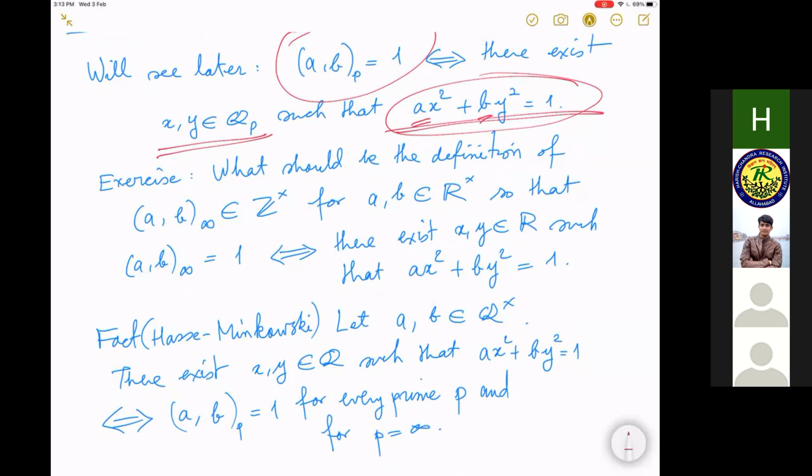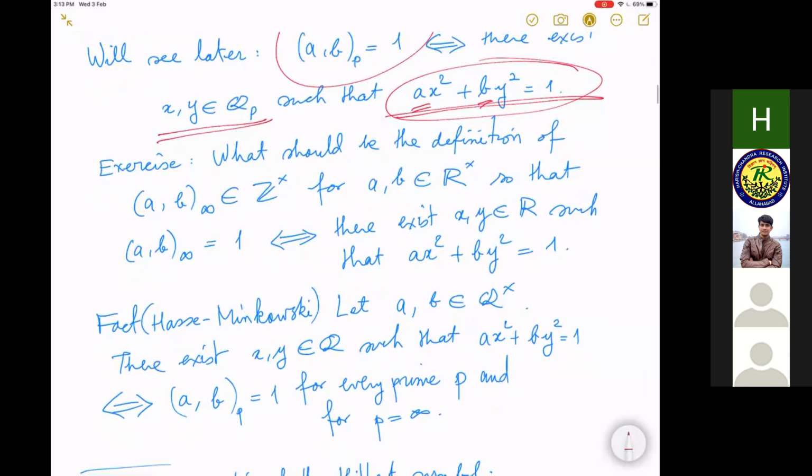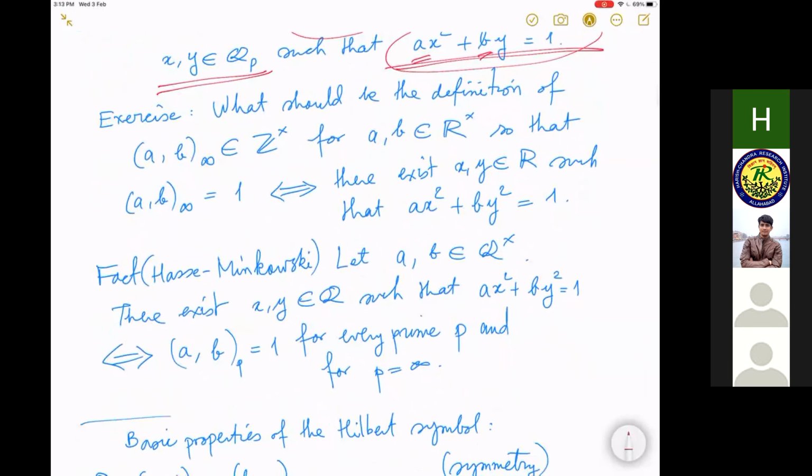Okay, so here is a small exercise which you people should enjoy doing. We want to define a Hilbert symbol for A, B in R star. We have done it for QP star for every prime P. Let's define it for A and B in R star. Of course, it should have values in Z star, which is plus minus 1.